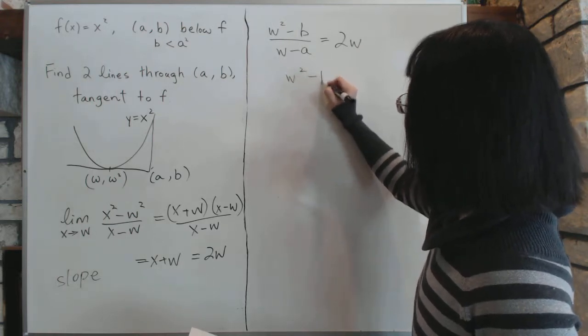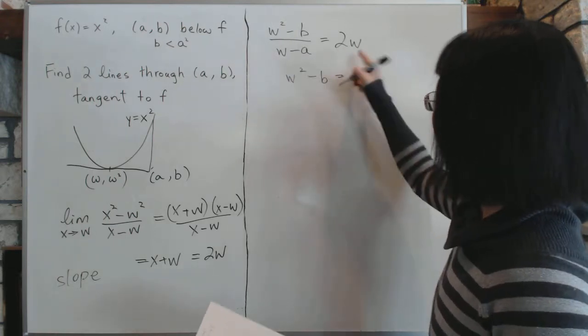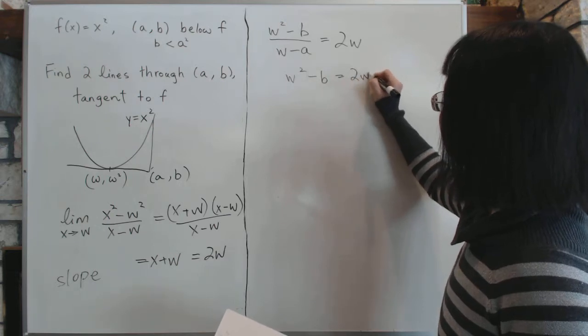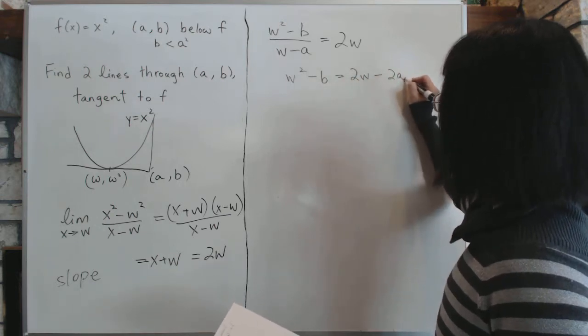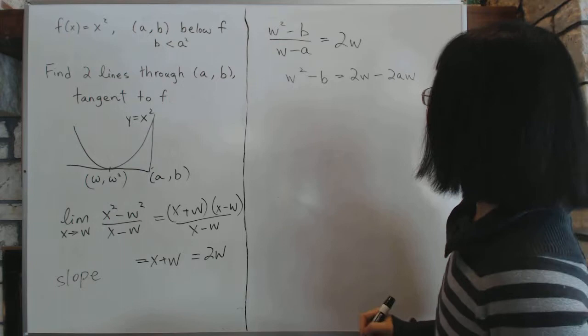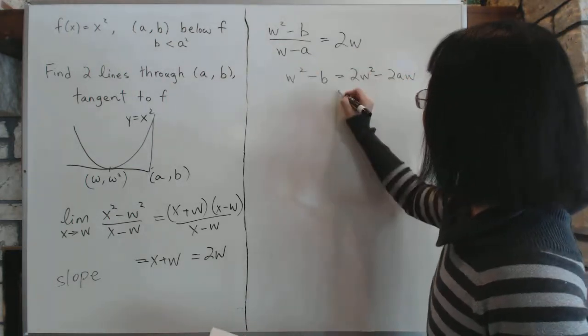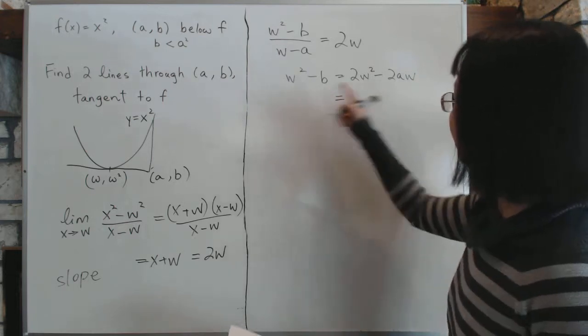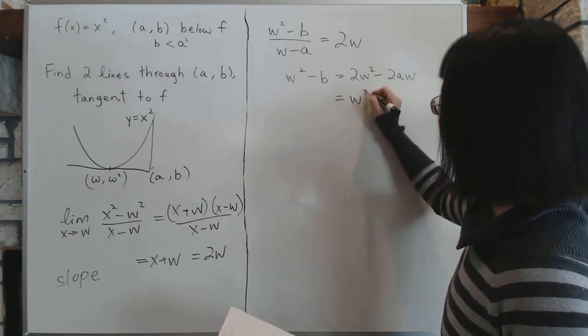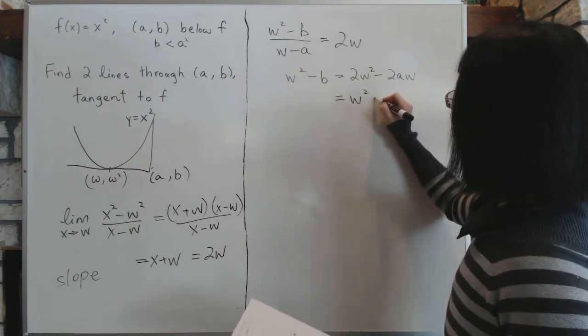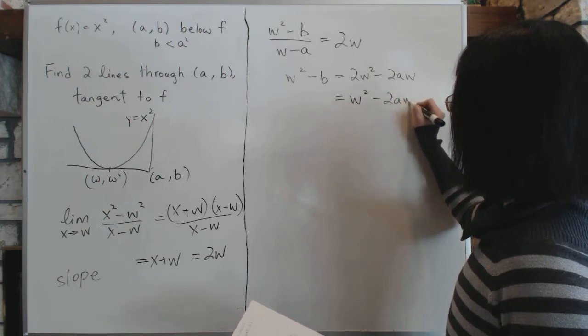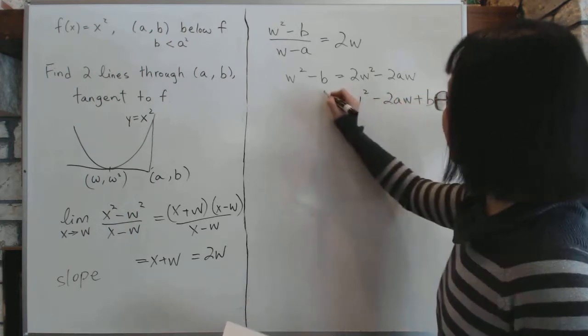W squared minus b equals 2w times w minus a, which gives 2w squared minus 2aw. Then we move everything to this side: we have w squared minus 2aw plus b, and that will be equal to 0.